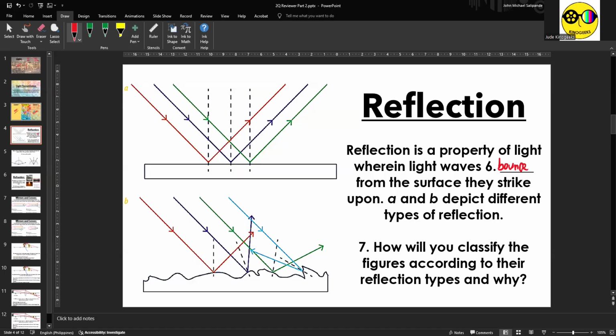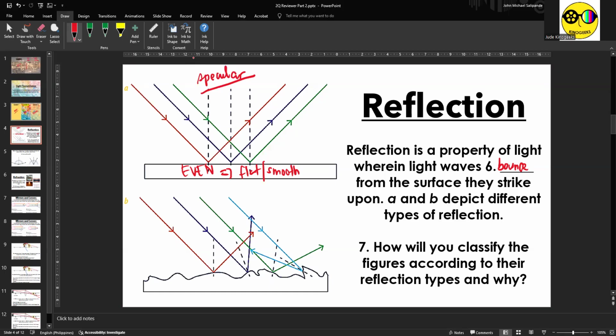So in letter A, you see light waves bouncing off evenly because they have an even surface. When we say even, it's considered flat and smooth. So therefore, we classify letter A as specular reflection. You have even reflections brought by even, flat, smooth surfaces.